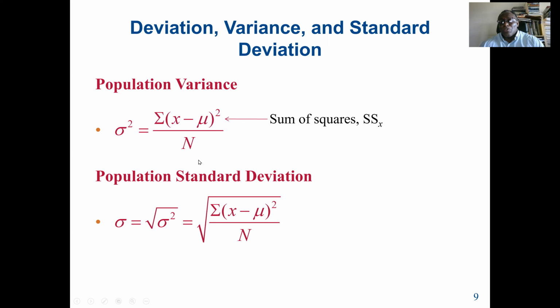If it's a sample, we divide by the sample size minus 1. So the population variance is the sum of all the squared deviations divided by the population size. Then the square root of the variance will give us the standard deviation. Again, the square root of the variance.